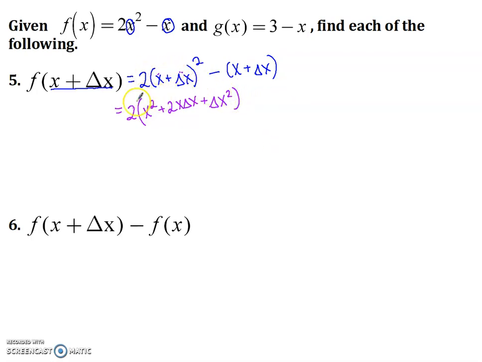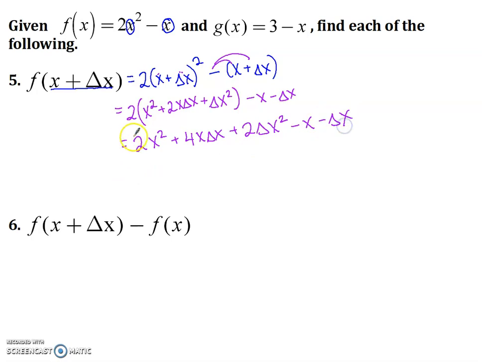So step 1 is square it, and then we're going to distribute that 2. In the second part, all we have to do is distribute that negative. So here, I have one more step, distribute the 2, so that'll be 2x squared plus 4x delta x plus 2 delta x squared minus x minus delta x.